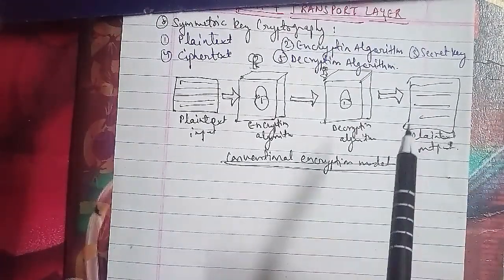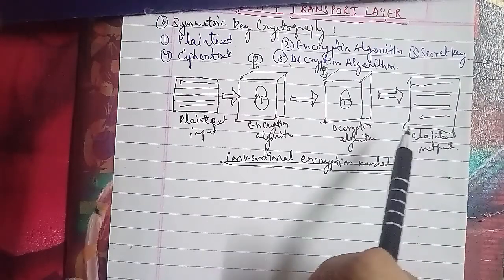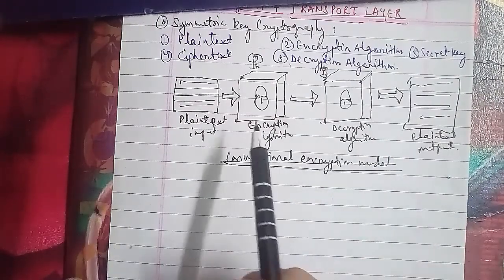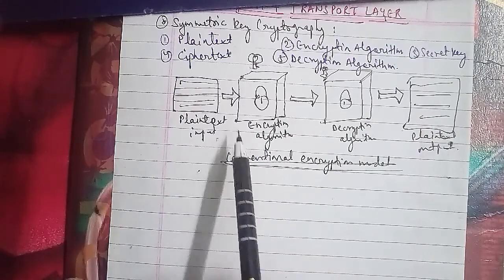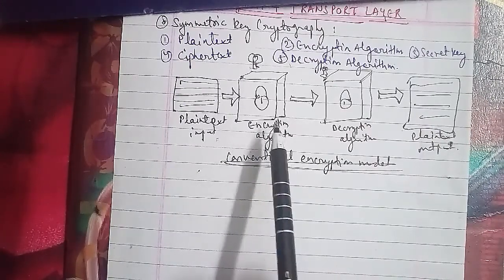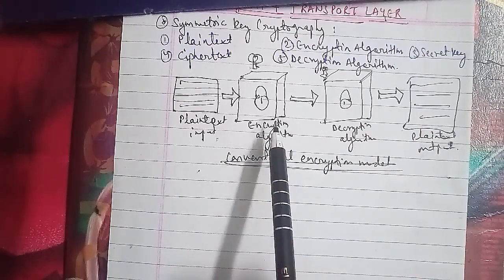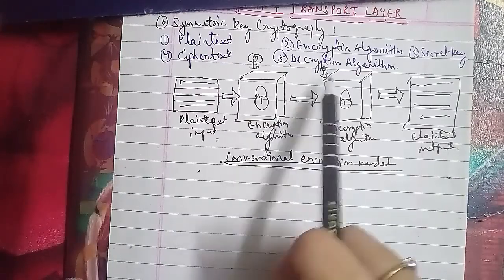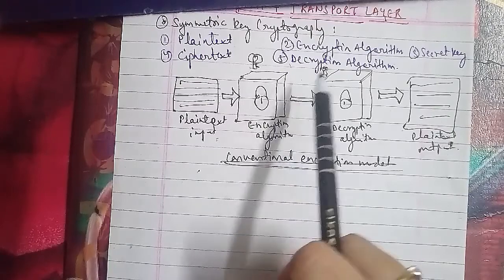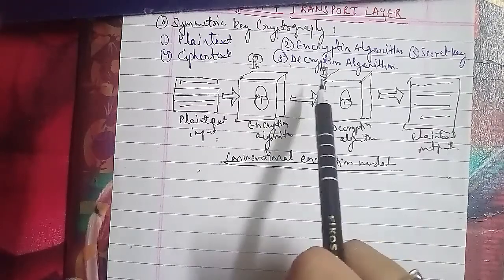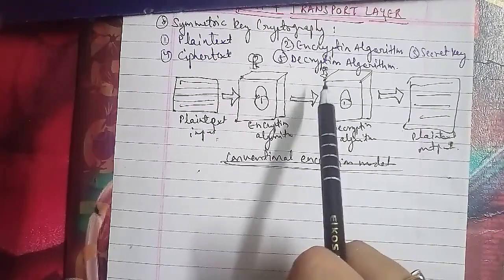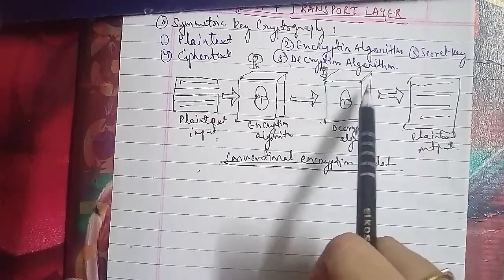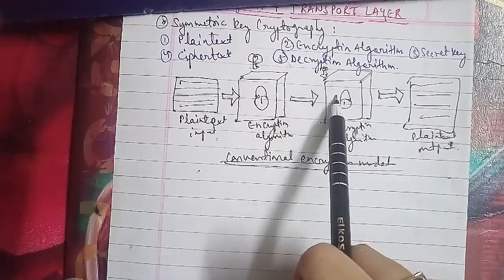Now the plain text is the original message or the data that is fed into the algorithm as input here. The encryption algorithm performs various substitutions and transformations on the plain text, where the secret key is a value independent of the plain text and of the algorithm. The exact substitution and transformation performed by the algorithm depend on the key as well.